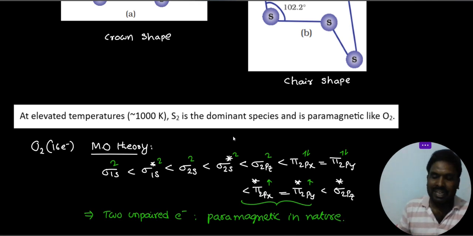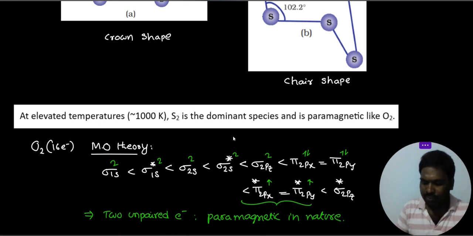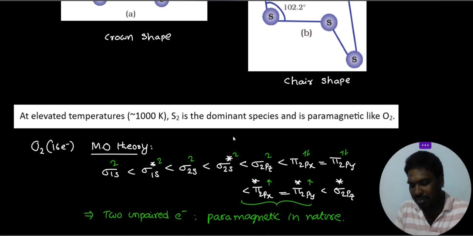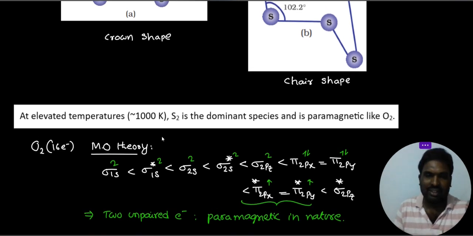Similarly, for the S2 molecule, oxygen and sulfur are in the same group. So for the S2 molecule also, you can write the MO theory with valence electrons. That is enough. Then that is also paramagnetic in nature, like O2. Understood? So these are the very important allotropic forms.